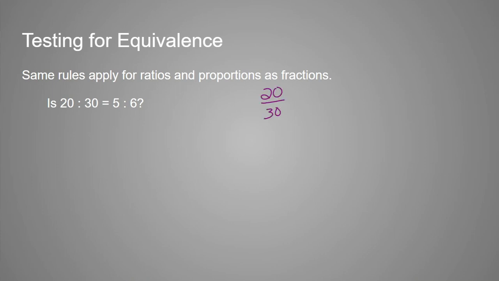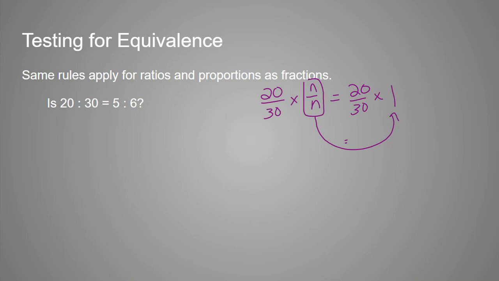If we have 20 over 30 written as a fraction, and we multiply it by some number over itself, that's the same as saying 20 over 30 times 1. Remember, n over n is equal to 1 because of the division identity property.